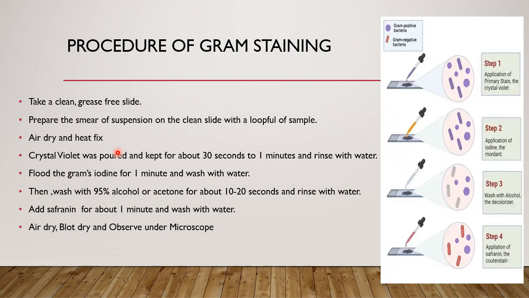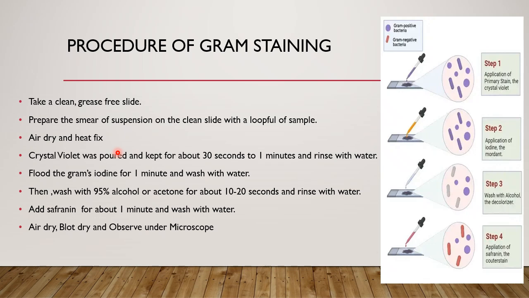Not continuously, but constantly keeping it onto the burner, taking it away, keeping it onto the burner, taking it away, like that you will heat fix. Why do we heat fix? So that the smear which you have made onto the slide sticks onto the slide correctly, that is firmly. That's the reason you will heat fix and air dry.